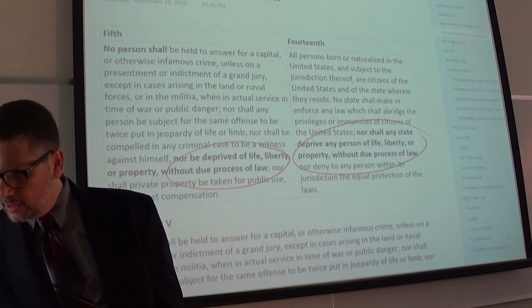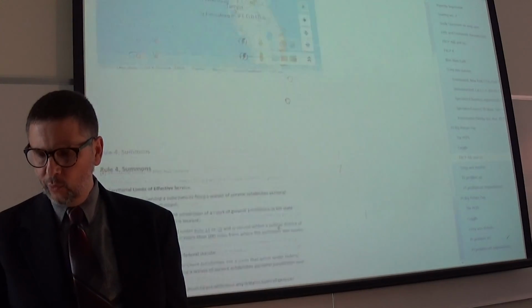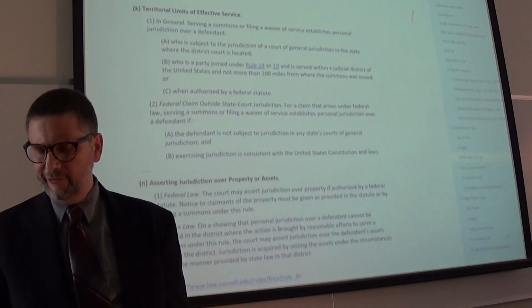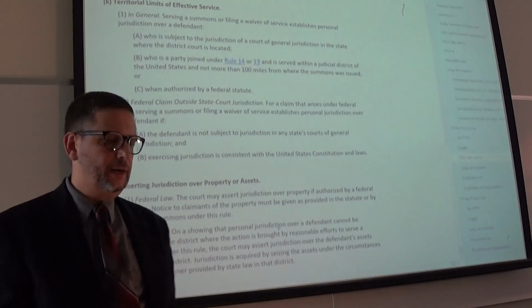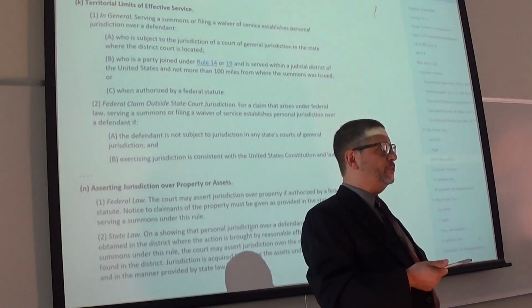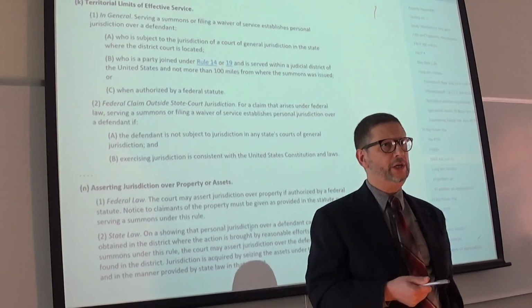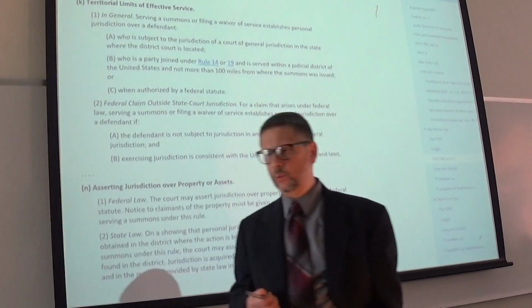Now, what I'm going to do here is move into Rule 4K and Rule 4N of the Federal Rules of Civil Procedure. Now, Rule 4N deals with jurisdiction over property, and Rule 4K deals with jurisdiction over persons, both in federal court.